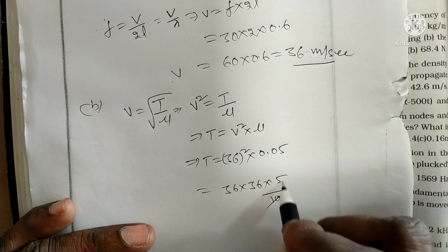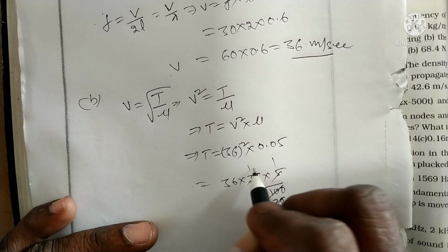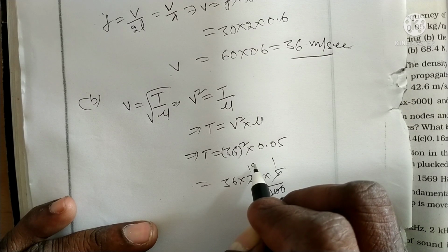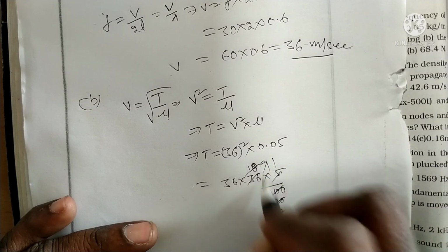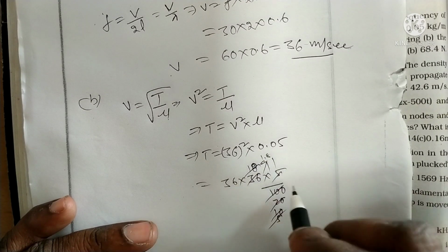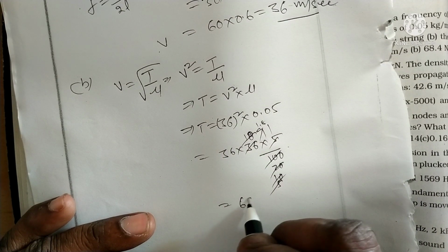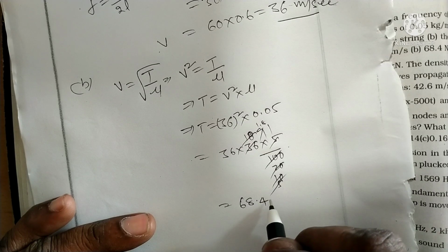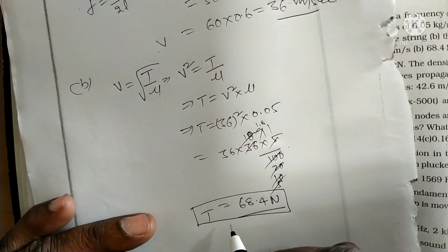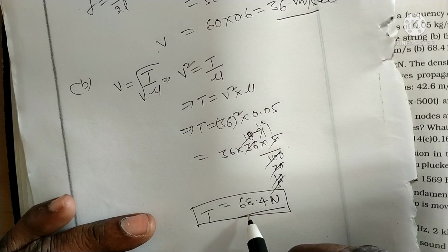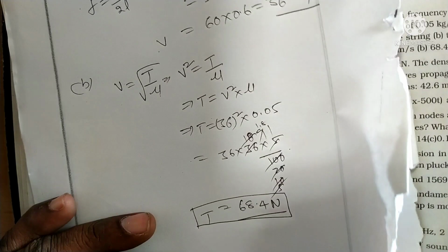Calculating, it is approximately 64.8 newtons. The tension in the string is 64.8 newtons. Okay, this is the first problem.